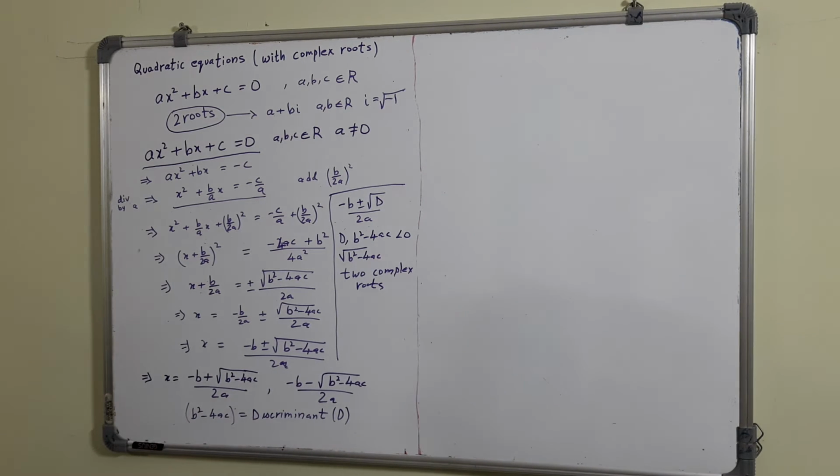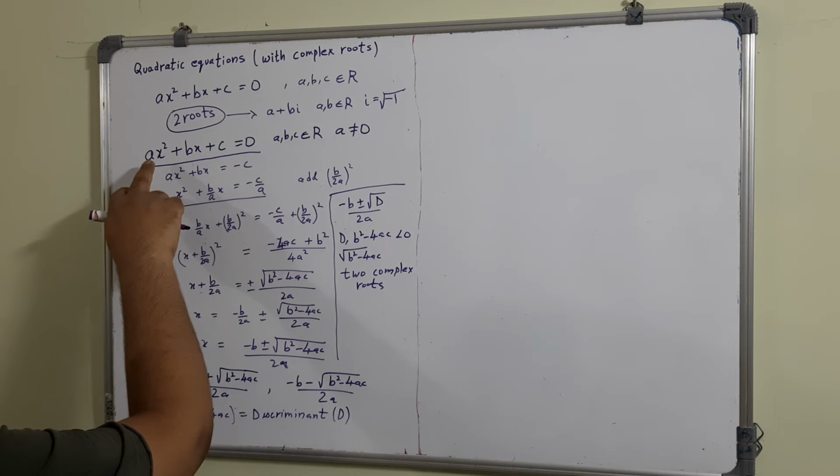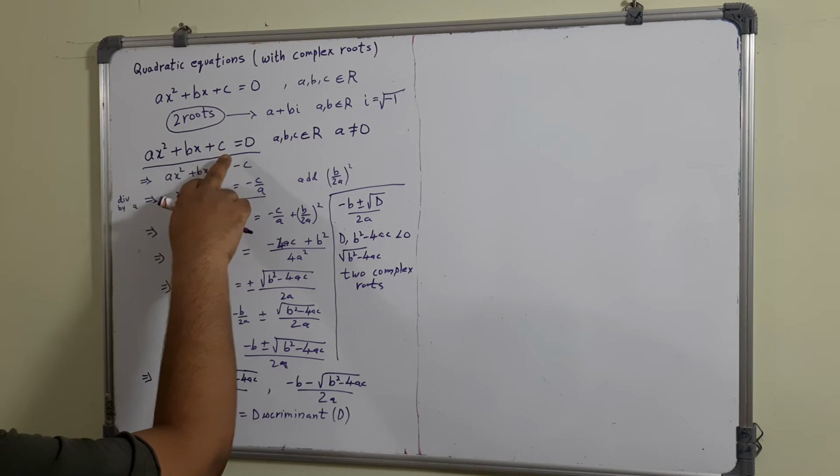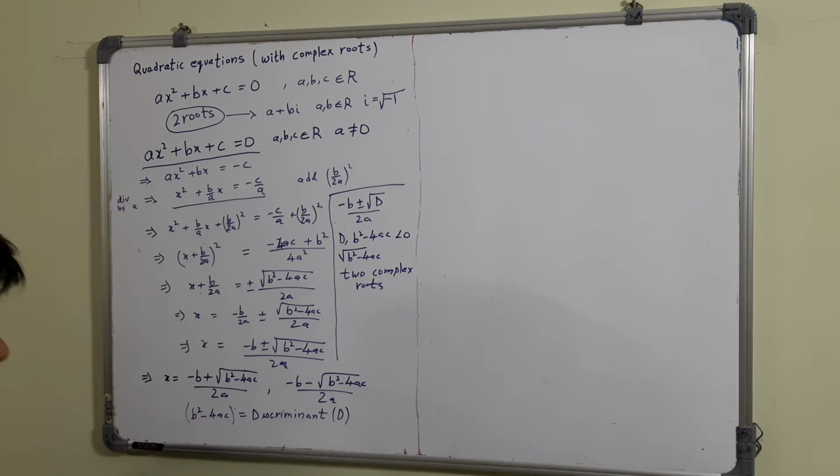So we will get two complex roots for this quadratic equation of degree 2, ax squared plus bx plus c equals 0. We have here two complex roots.